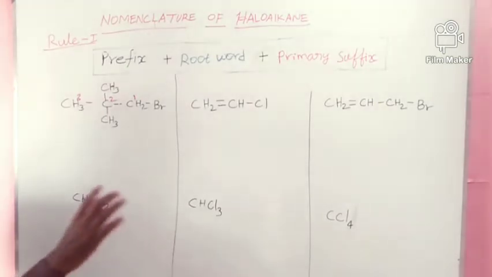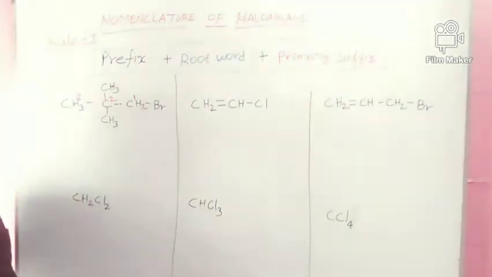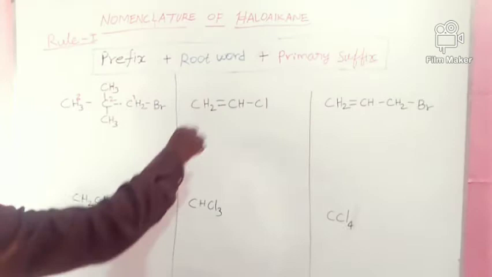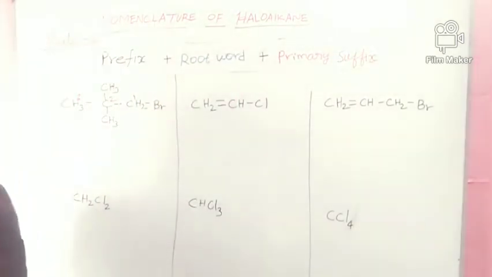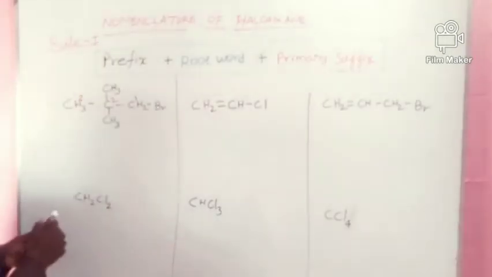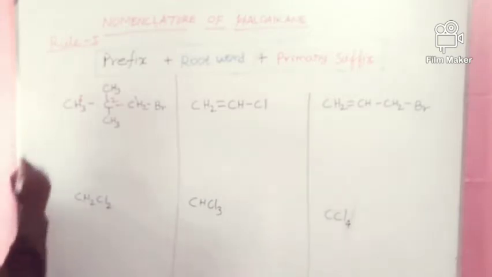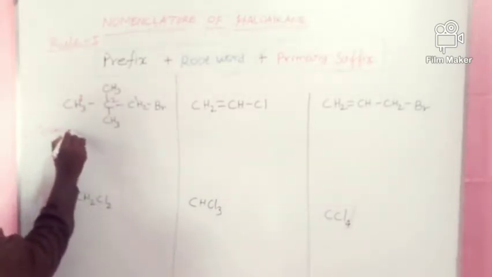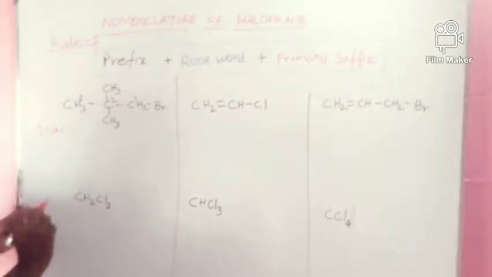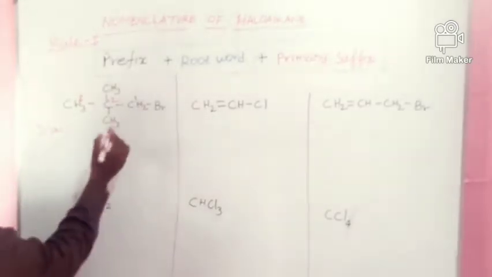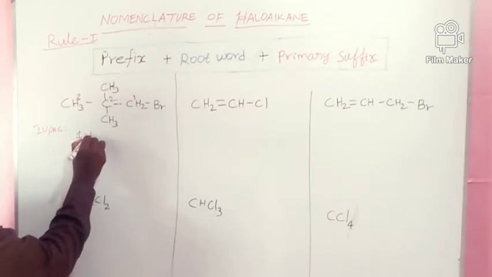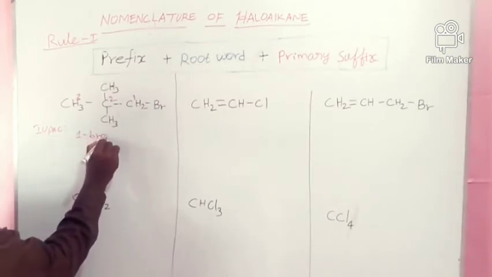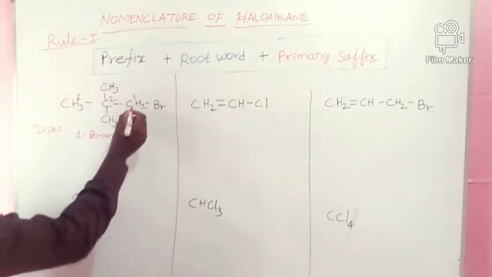Already you know that bromine is a prefix word. Haloalkane, the name itself is haloalkane. Halo, what is the name? It's bromo. It's the IUPAC name. I write the IUPAC name in red. So bromo, 1-bromo.